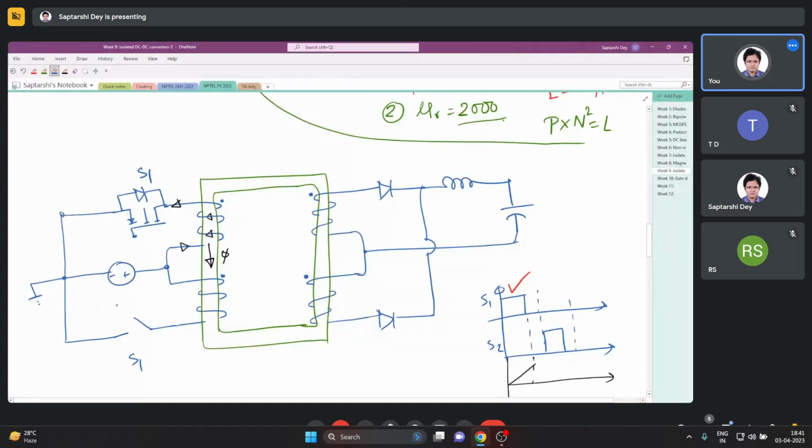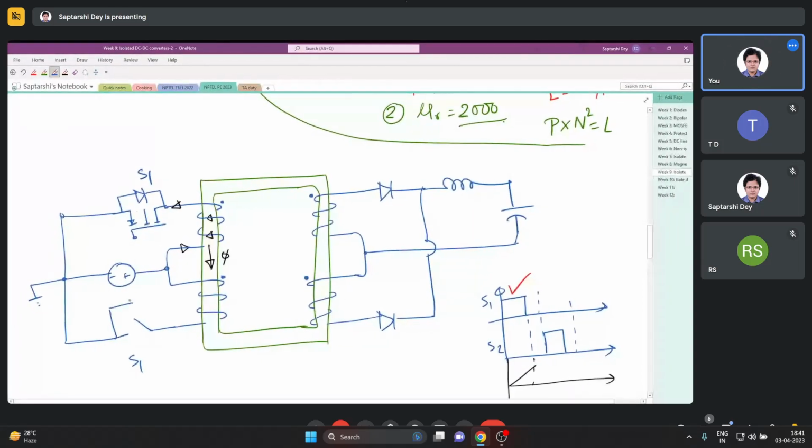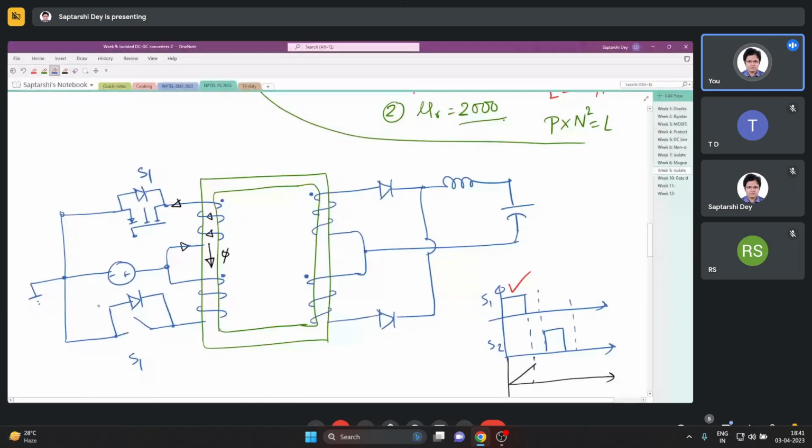Here also the same thing. I am just drawing the diode, otherwise I have to draw it once again. This is the diode I am drawing. So just know that to reset the stored energy, all we need is a diode like this. That may be a MOSFET that comes with a body diode, or maybe you will need to connect a diode if the switch that you are using doesn't have a body diode.